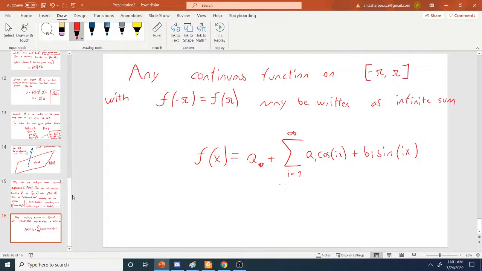And this right here is called a Fourier series.